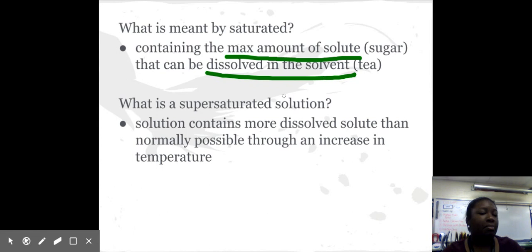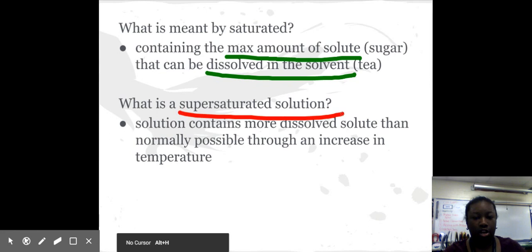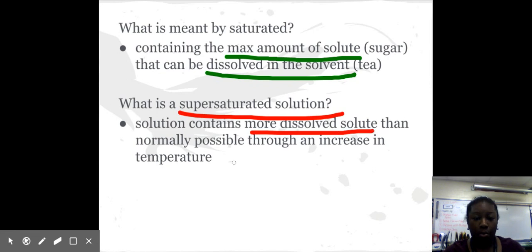So what does it mean by supersaturated? A supersaturated solution contains more dissolved solute than normal, possibly through the increase of temperature, okay? So the difference between a supersaturated solution and a saturated solution is temperature. If you were able to add more sugar because the temperature is high, it will give you a super sweet taste, like Bojangles tea.